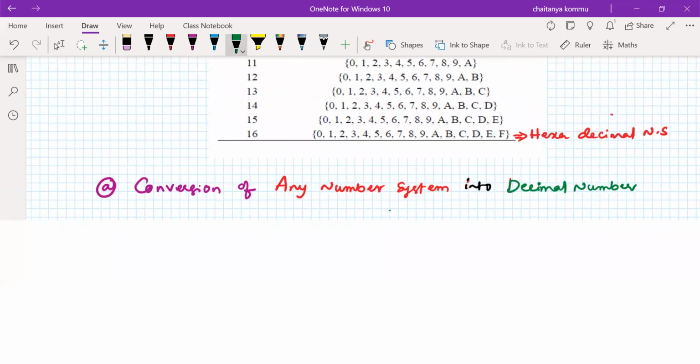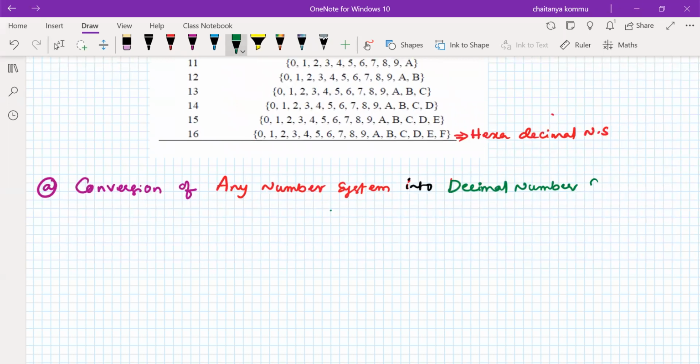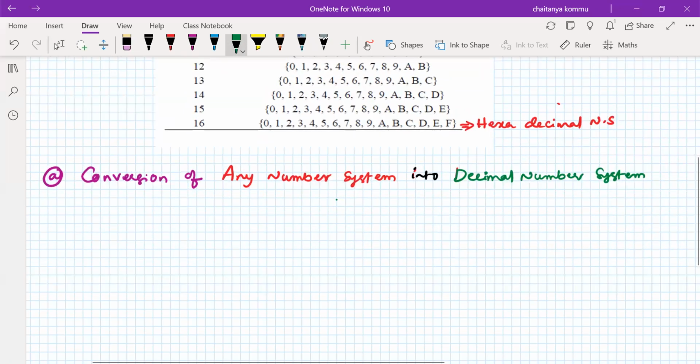Did you get the objective of today's class? We want to convert any number system into decimal.